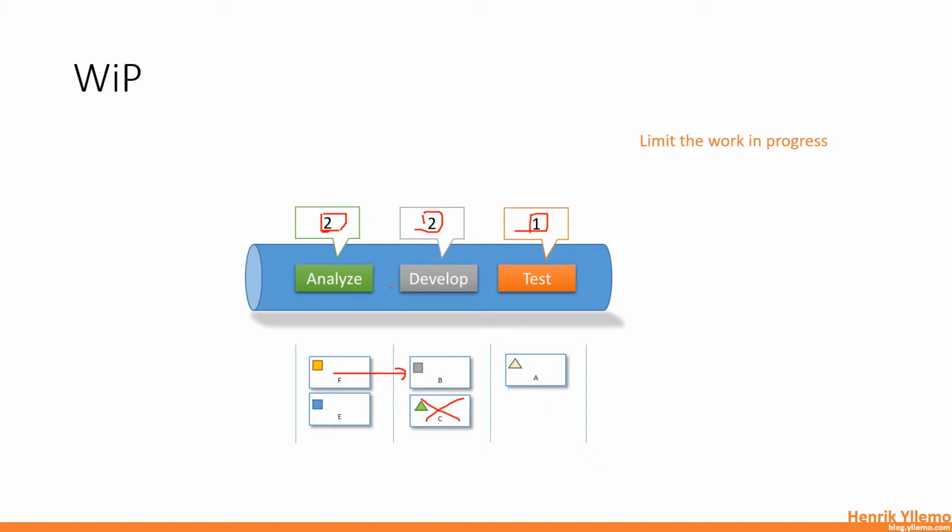That really puts the focus on the pull-based system, and this becomes the headache. You can't finish unless you finish up in the next state, so to say. So that's how you limit the work in progress.